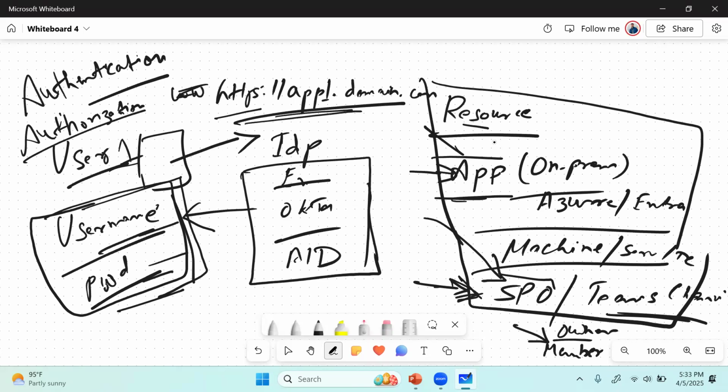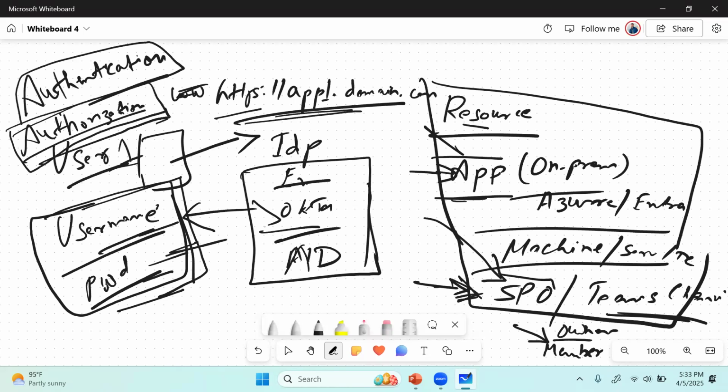So all that part which handles authorization, whether a user has access to an application and, if yes, what level of access, comes under authorization. That is also decided here. Once the user provides his credentials, a token flow happens between the IDP provider and the user. It decides if the user is valid and what level of access they have.